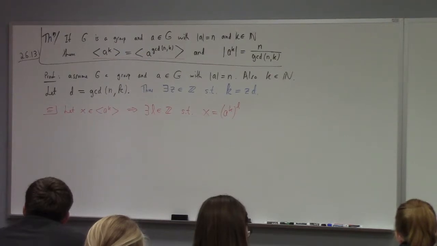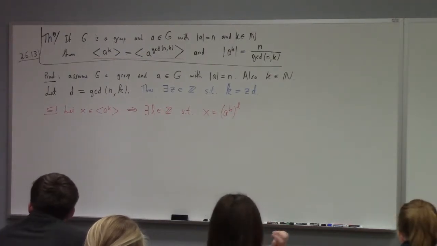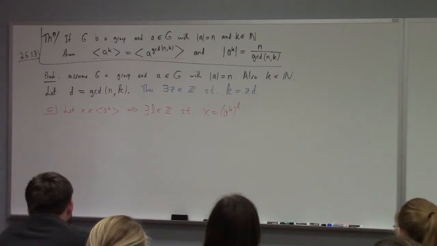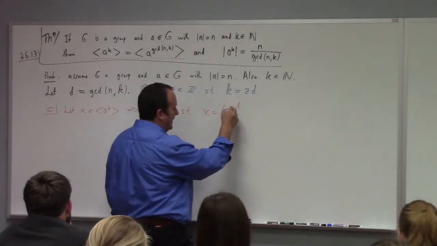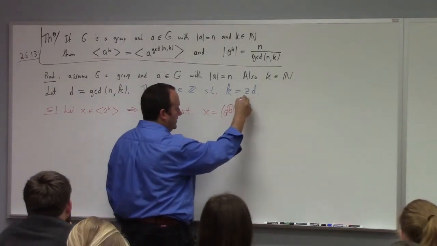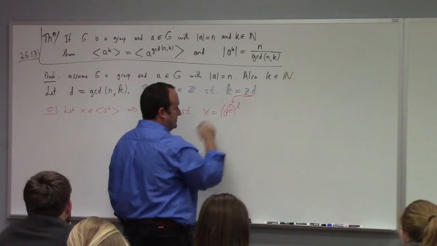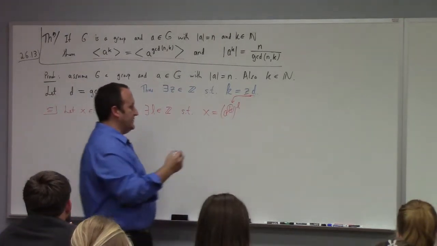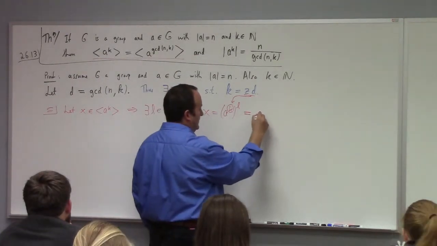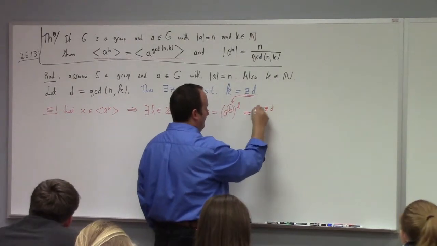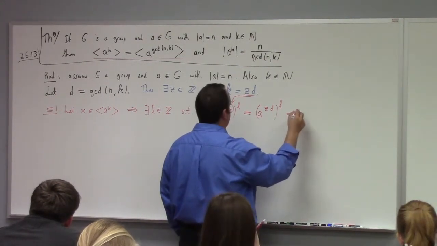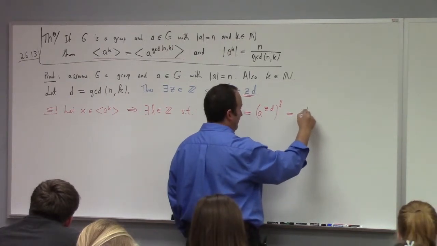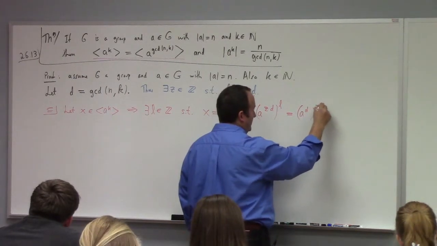But then all we've got to do is use laws of exponents here, right? We know, you can see it right above, k is equal to zd, right? So just take this k and put that in there instead. And what does that give us? That gives us (a to the zd) to the l, or more to the point, (a to the d) raised to the zl power by laws of exponents.